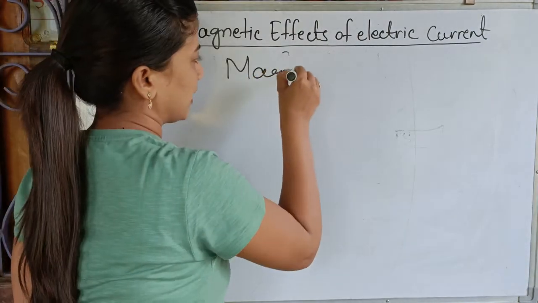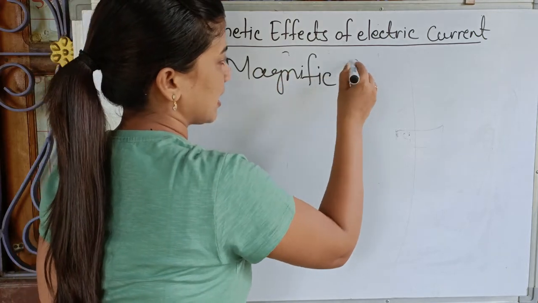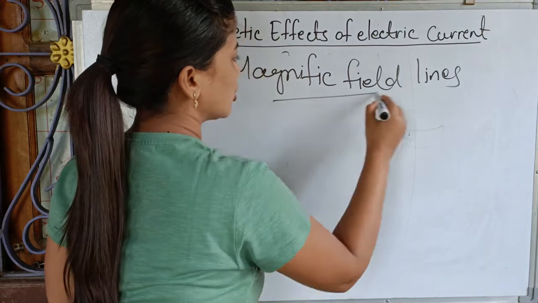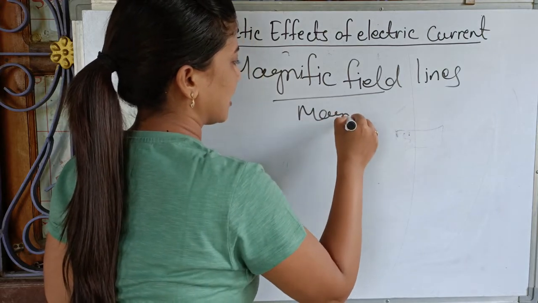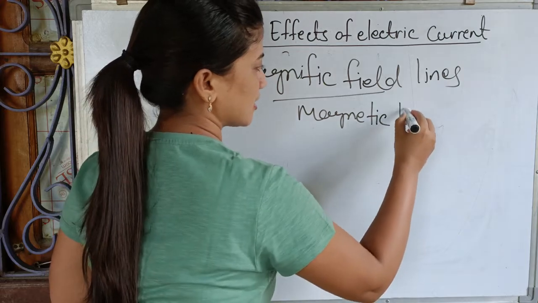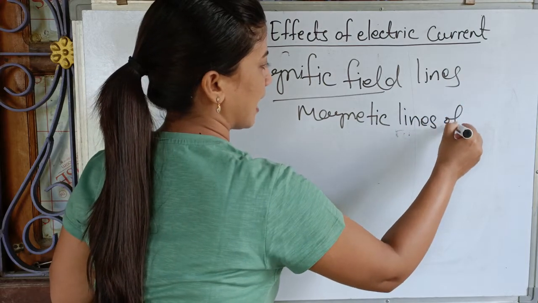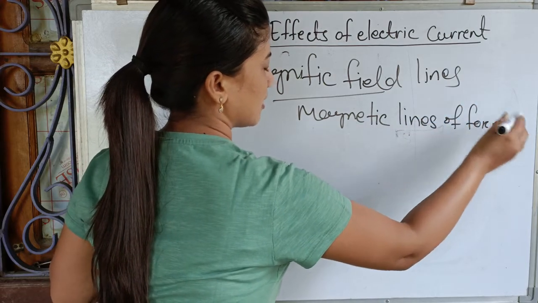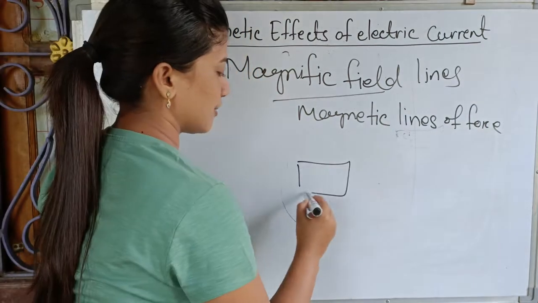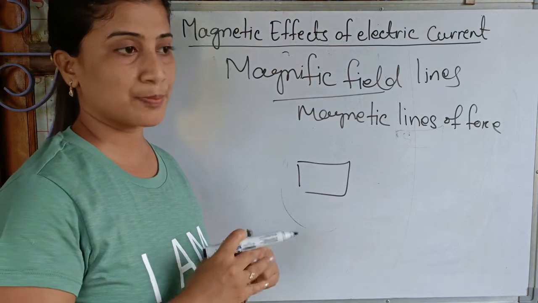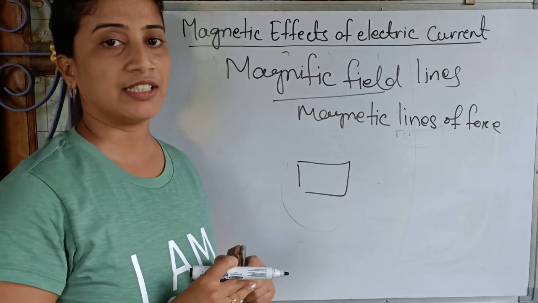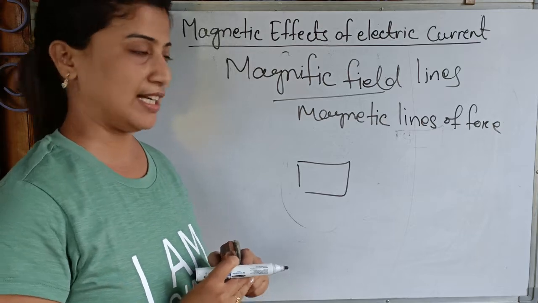The next topic that we are going to cover is magnetic field lines, which are also known as magnetic lines of force. Just before, we discussed magnetic field, the space surrounded by a magnet in which we can feel the magnetic effect. This can be represented by imaginary lines which are called magnetic field lines.